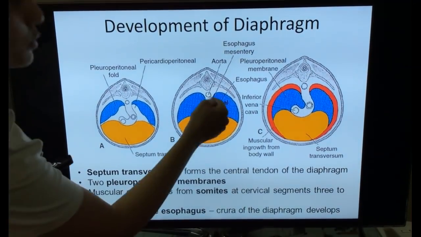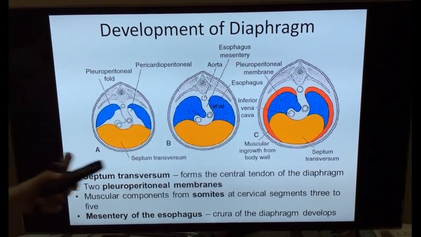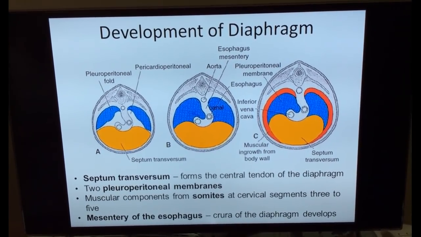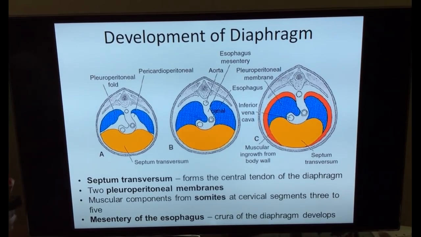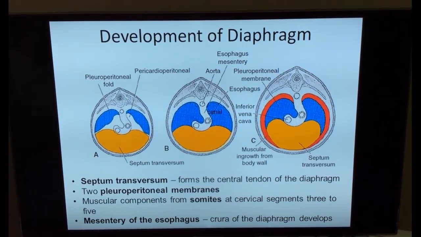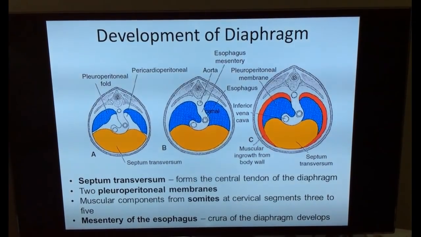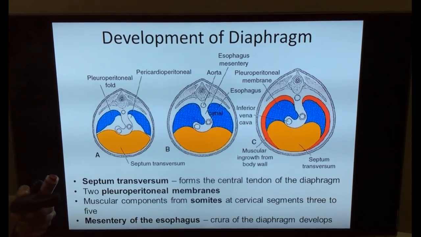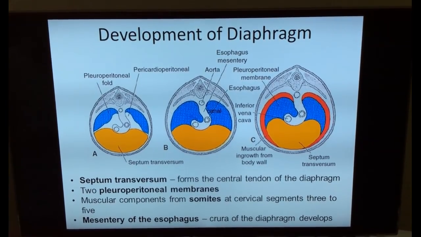If there is failure in the formation of these pleuroperitoneal folds, there can be communication between the thoracic cavity, that is the pleural cavity, and the peritoneal cavity, which can lead to congenital diaphragmatic hernia, the most common type.